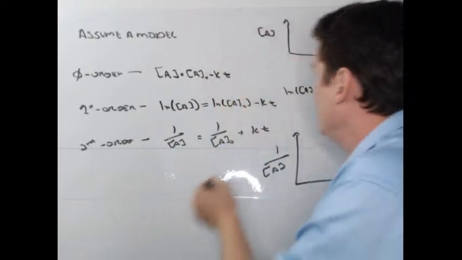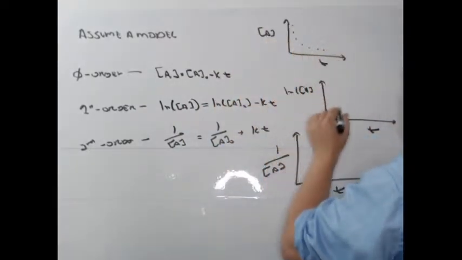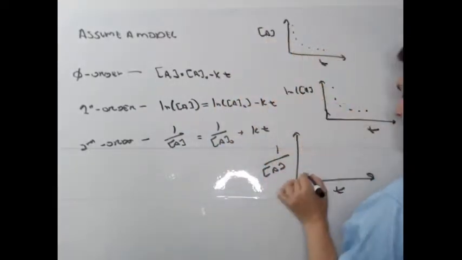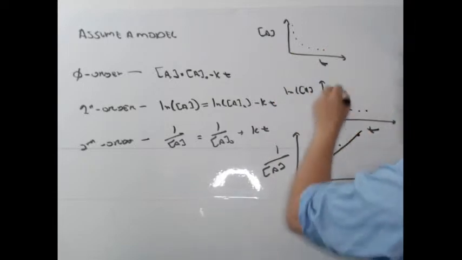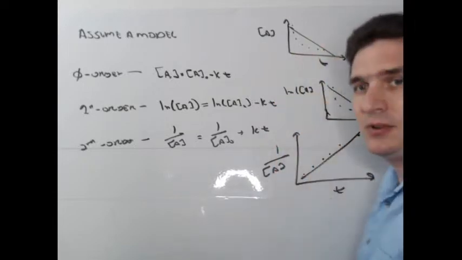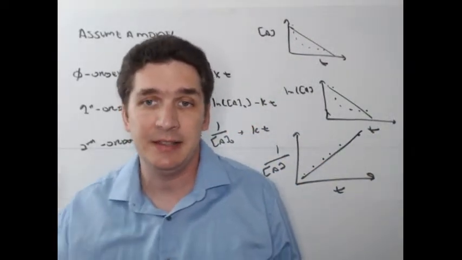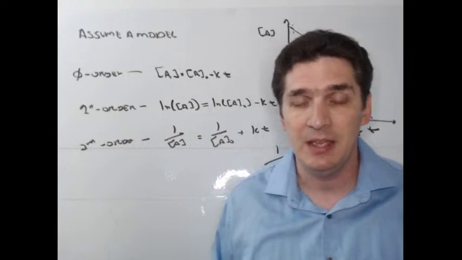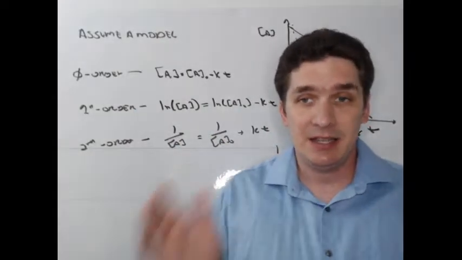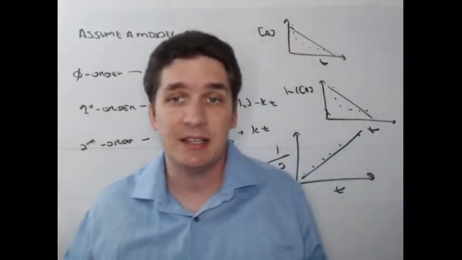So let's say you plot the data and you get this. And we stick straight lines through all three, but clearly there's only one on here that is actually a straight line, and that's the 1 over concentration versus time. This means that it is a second order reaction, or it behaves like a second order reaction.